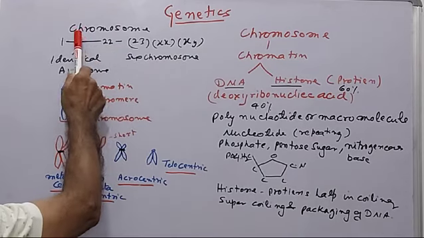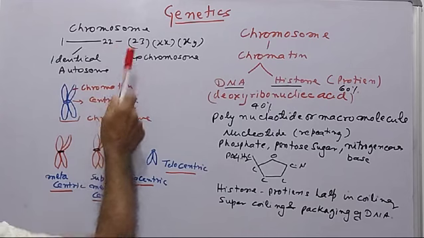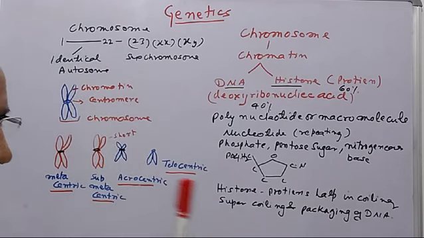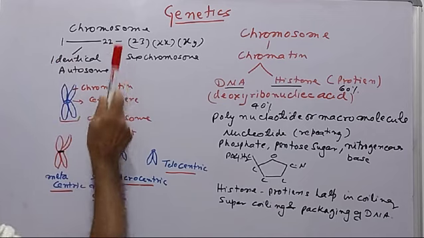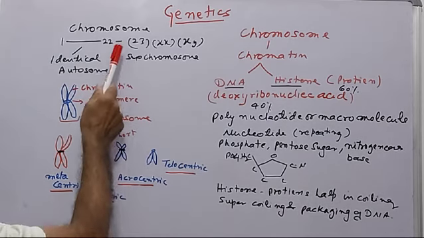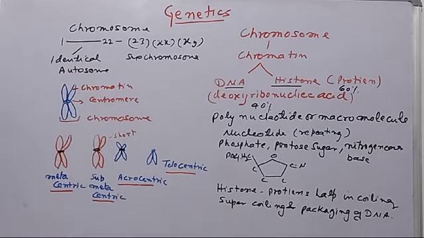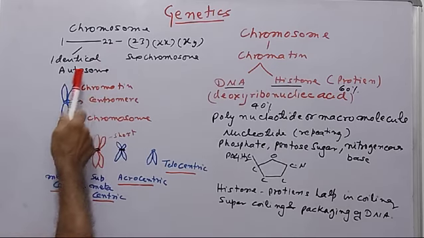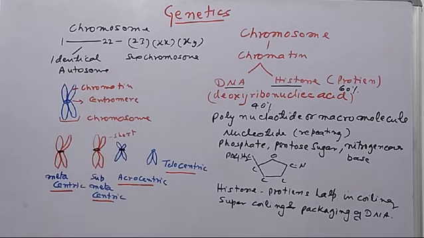Now, in a cell, the number of chromosomes is 23 pairs. The number is 46. Now 46 is an even number, so pairing of the chromosomes, that is 23 pairs of chromosomes, is found in the cell. Out of 23, chromosomes 1 to 22 are identical in nature, and these are known as the autosomes.